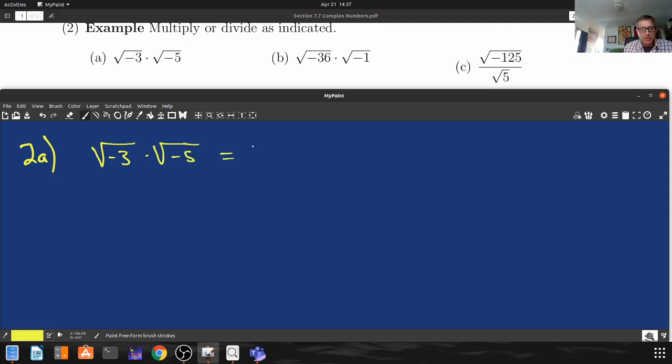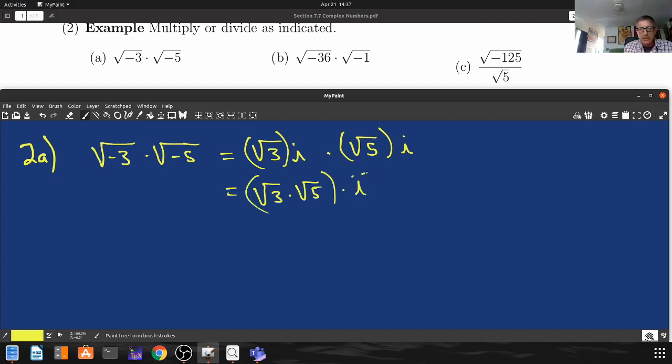Well, that's equal to the square root of 3 times i times the square root of 5 times i, which is equal to the square root of 3 times the square root of 5 times i squared. Recall, i squared is equal to minus 1. That should be your mantra. So this is equal to minus 1 times the square root of 3 times the square root of 5.